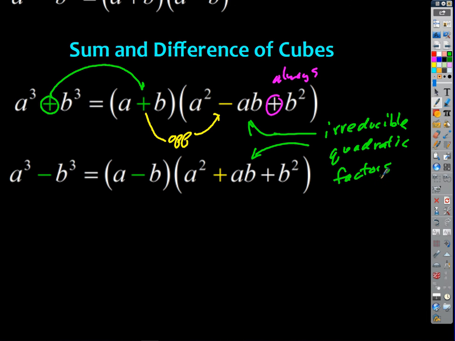Which just means don't bother. They're never going to factor. In fact, not only are they never going to factor, they're never going to give you real zeros. They're always going to give you imaginary zeros. Never real ones, right? So don't even try.